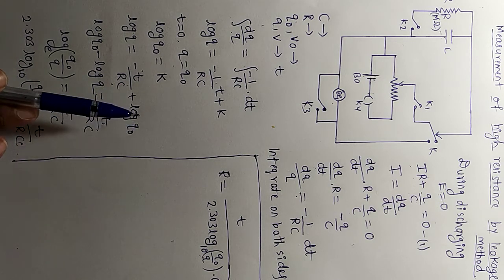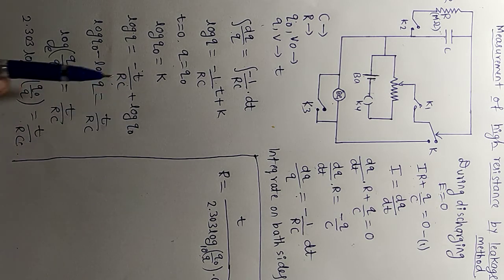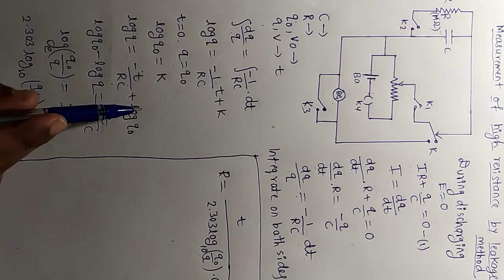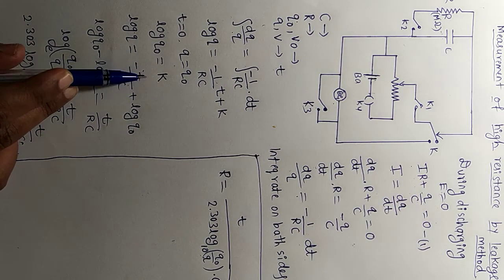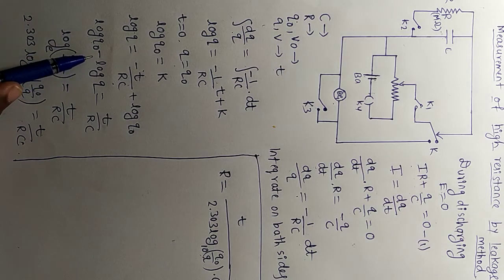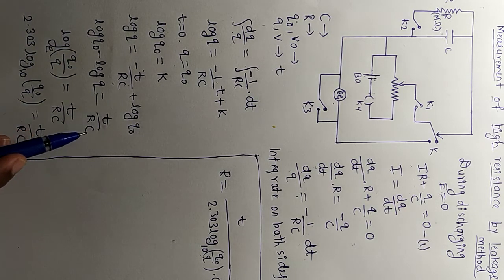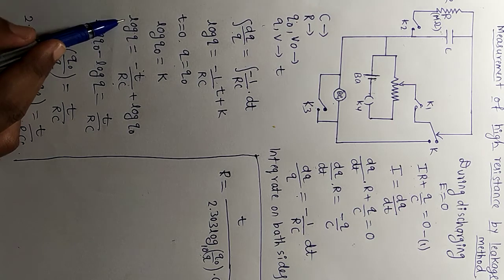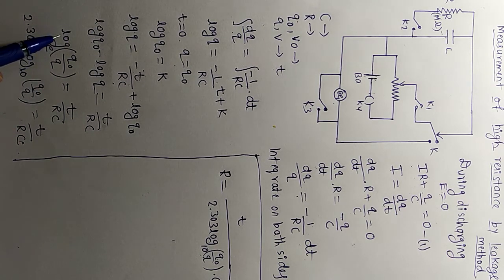For this, we make a certain rearrangement. Log Q you transfer here, and this minus term you transfer here. So you get log Q0 minus log Q is equal to t by RC. This becomes positive after going to this side. And here one thing: it is log to the base e.